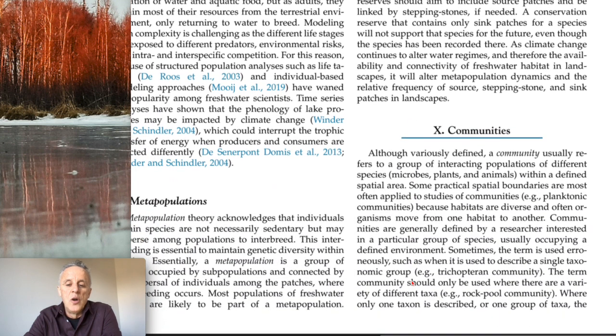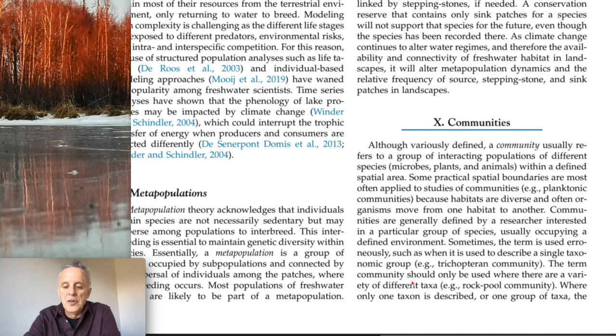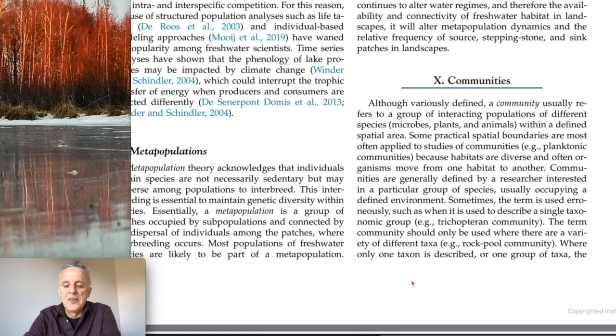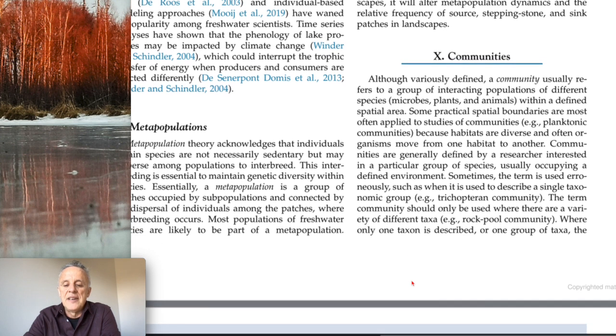Communities. Although variously defined, a community usually refers to a group of interacting populations of different species within a defined spatial area. Some practical spatial boundaries are most often applied to studies of communities because habitats are diverse and often organisms move from one habitat to another. Communities are generally defined by a researcher interested in a particular group of species, usually occupying a defined environment.